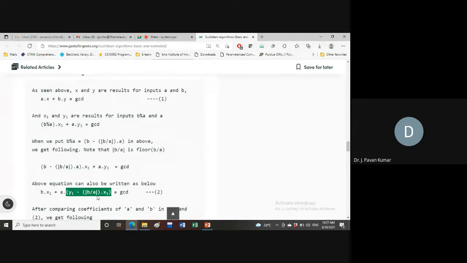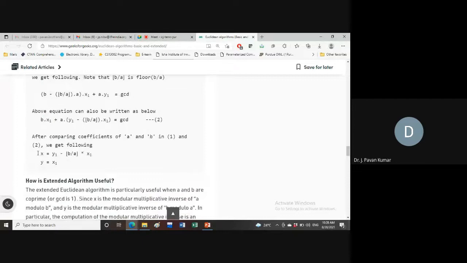Y1 minus floor of b by a into x1. So can we equate these two, x and this highlighted one? Yes. Now the x value becomes y1 minus floor of b by a into x1, whereas the y value becomes x1. So by using this, we are able to obtain x and y values.